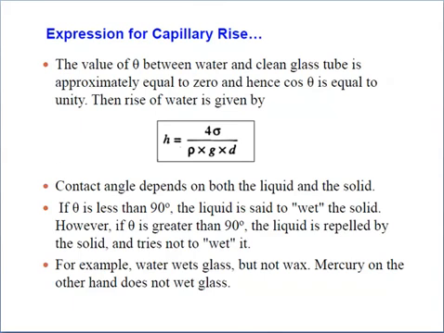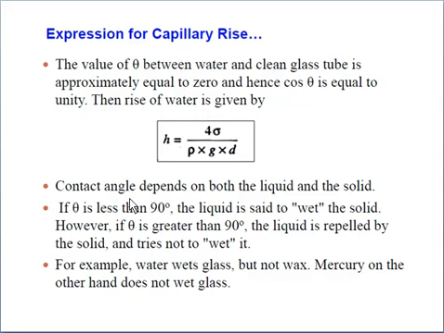Here the value of theta between water and a clean glass tube is approximately equal to 0, and hence cos theta is equal to unity. Then the rise of water is given by h is equal to 4 sigma upon rho g d. This is the final expression for the capillary rise in case of water and the glass tube.